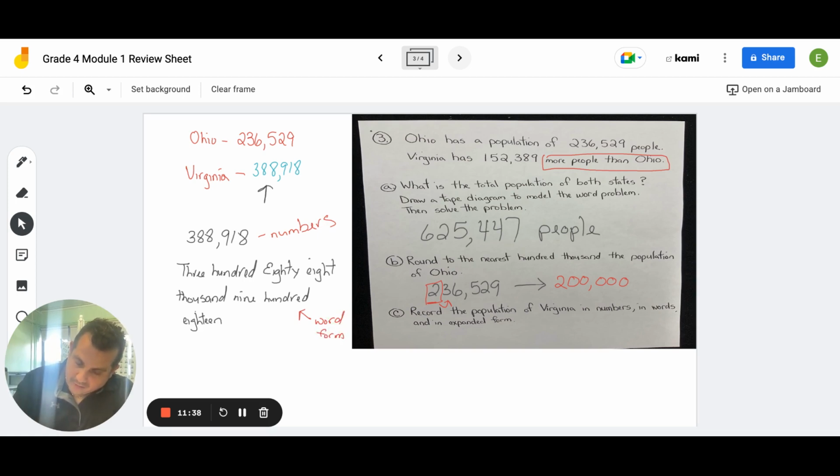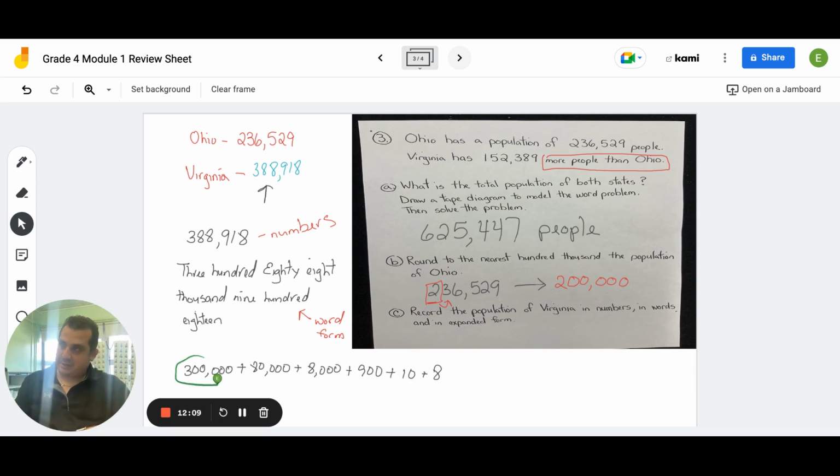And now we want expanded form. So expanded form would be, this is for Virginia, right? Yep, so it's 300,000 plus the 8 in the 10,000s, 80,000, plus there's an 8 in the thousands, 8,000, plus the 9 in the hundreds, 900, 1 in the tens is 10, 8 in the ones. 300,000 plus 80,000 plus 8,000 plus 900 plus 10 plus 8.